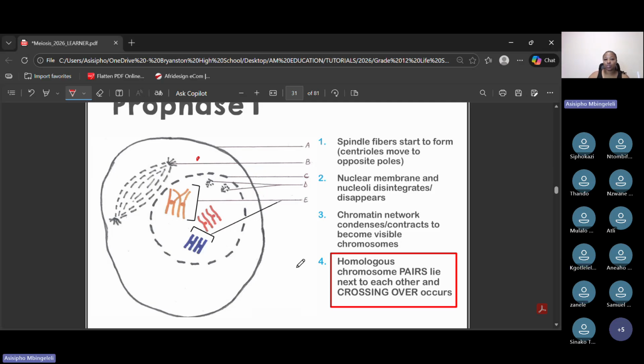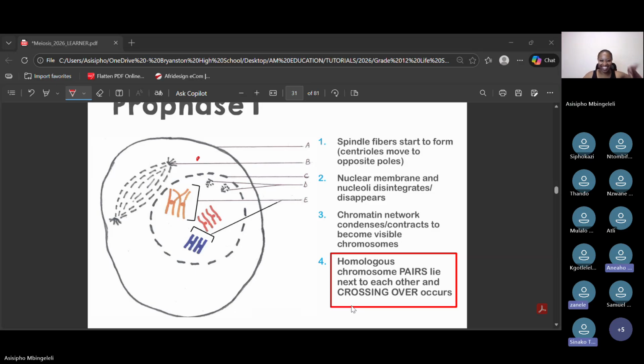Now, are these chromosomes in pairs or not? In pairs. Thank you so much. They are in pairs. So now this is my question. How many homologous pairs of chromosomes can you see? 3. It's 3.